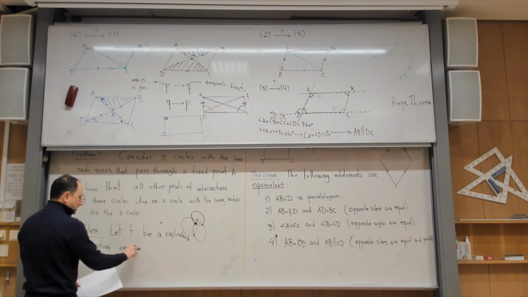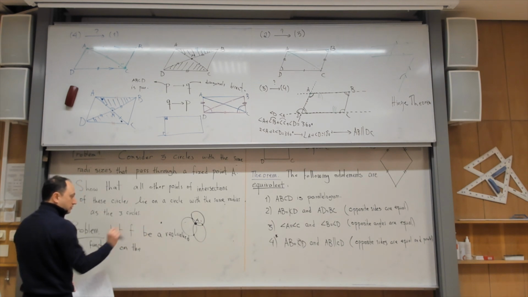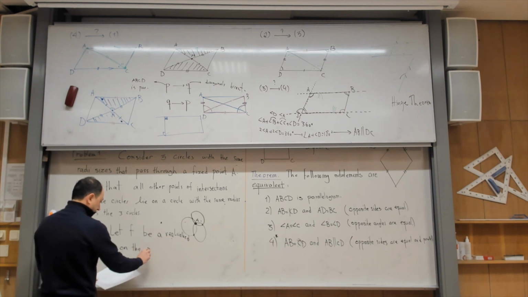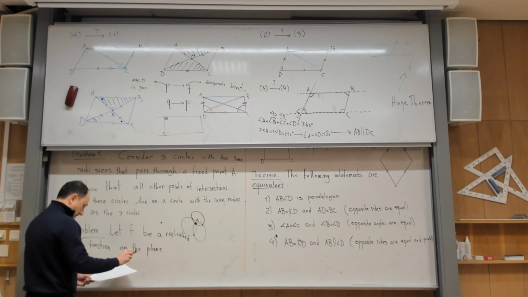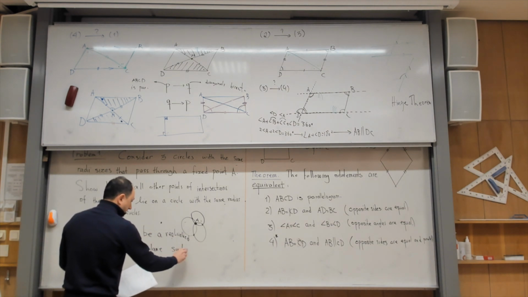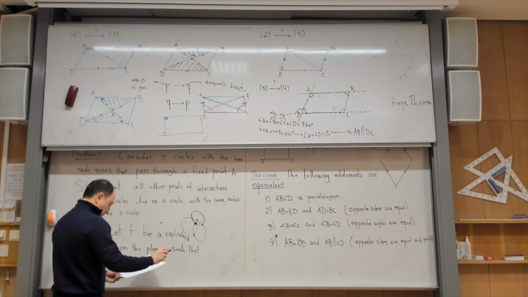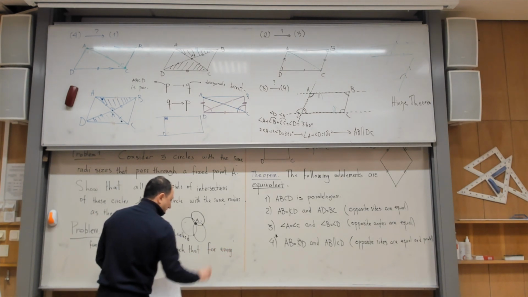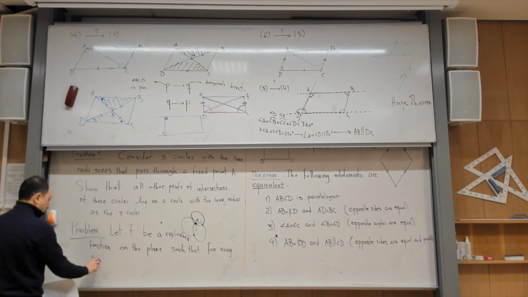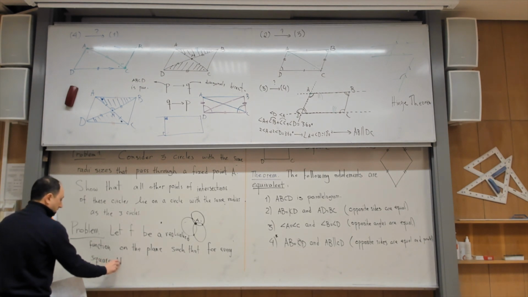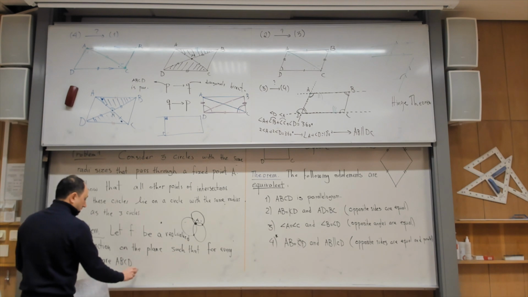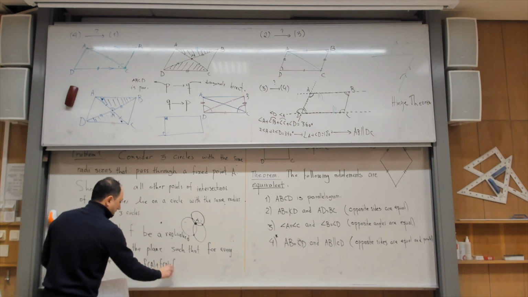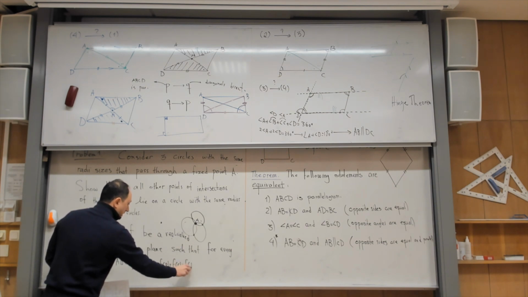So it means that it takes a point from a plane and gives you back a real number, such that for every square A, B, C, D, f of A plus f of B plus f of C plus f of D is equal to 0.